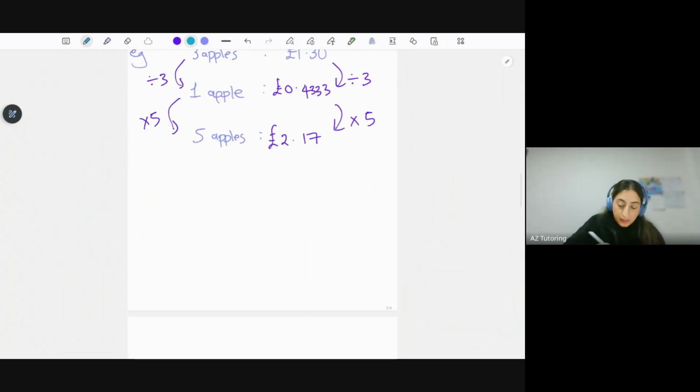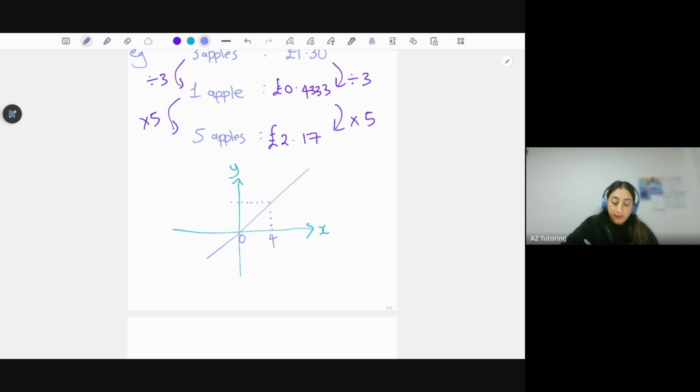So a direct proportion graph sort of looks like this. What that's basically saying is, as the x-axis increases, the y-axis increases the same amount. So if that is in direct proportion, the amount the x-axis increases, the y-axis will increase the same amount.